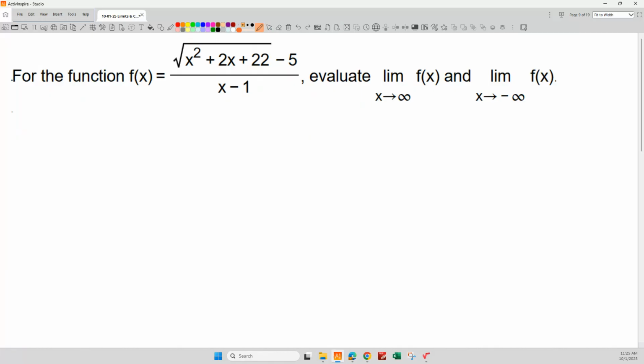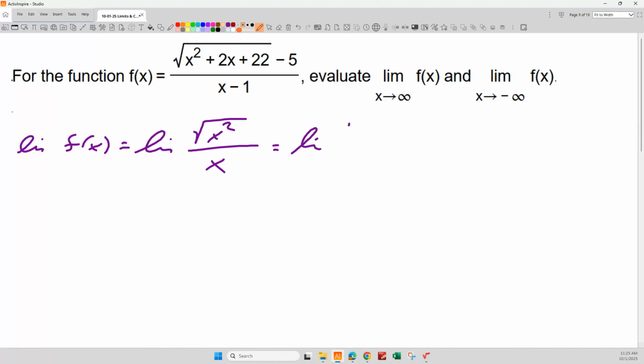And so we just end up with the limit of this function equals the limit of the square root of x squared over x, right? And the square root of x squared is the absolute value. There you go, the limit of the absolute value of x over x.